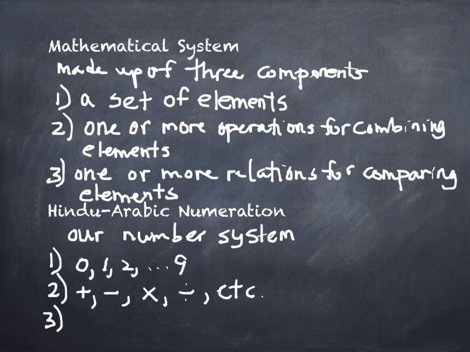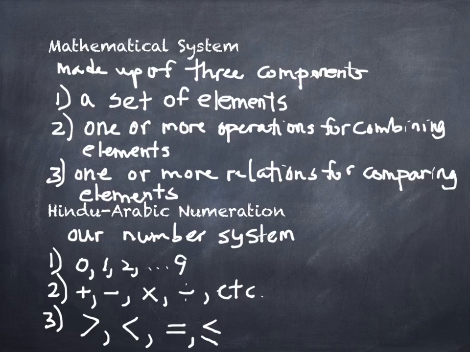The third issue is a way of relating or comparing elements, and we have several of those as well. Any idea what those are? Yeah, we have the symbols like greater than and less than and equal to, and we can combine those too, right? Greater than or equal to, and I'm sorry, I wrote down greater than or equal to.